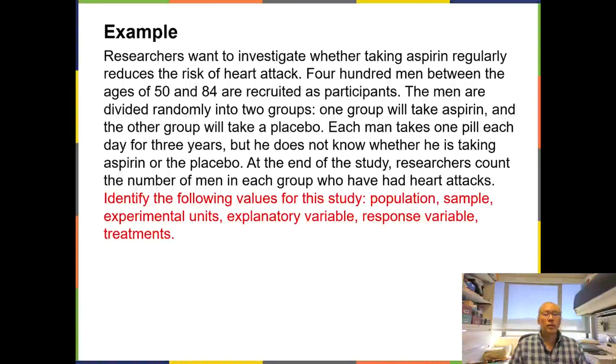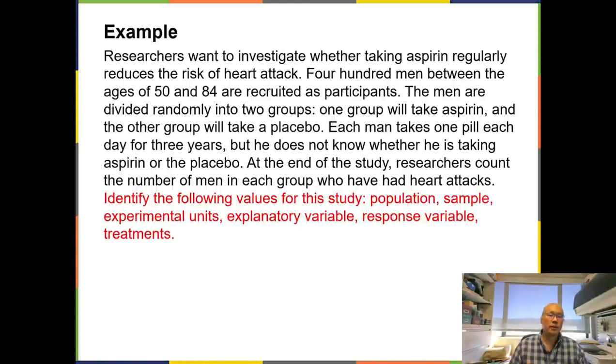For this particular study, let's try to identify the population, the sample, the experimental units, the explanatory and response variables, and the treatments. Let's first tackle the population and the sample.